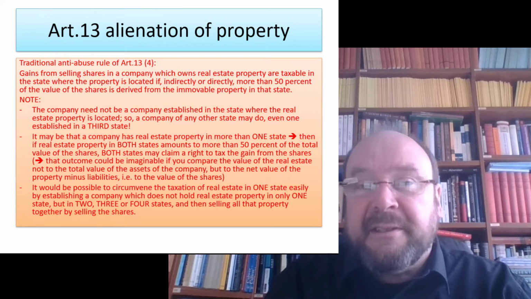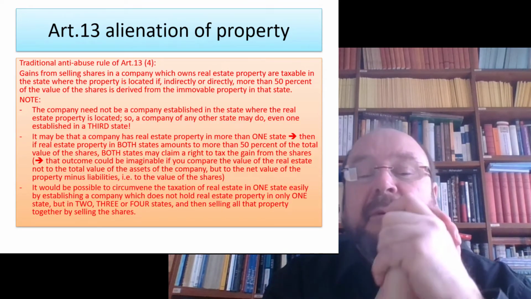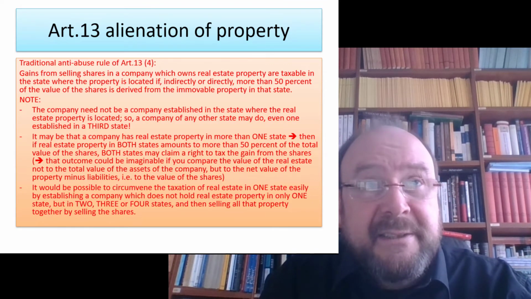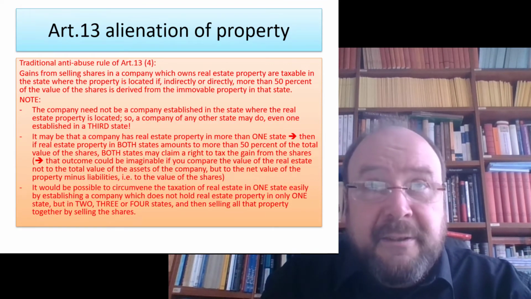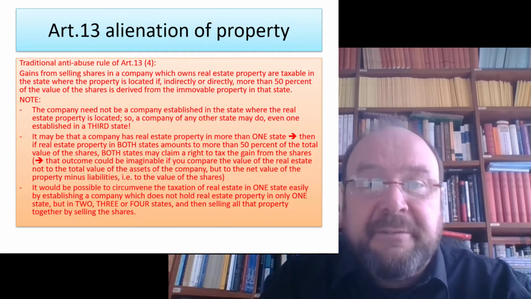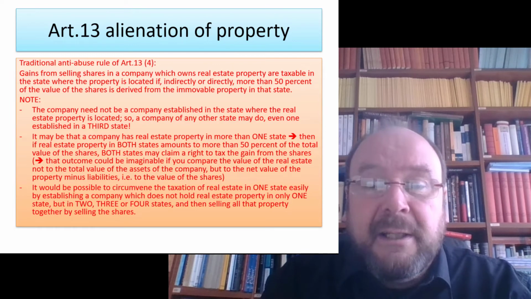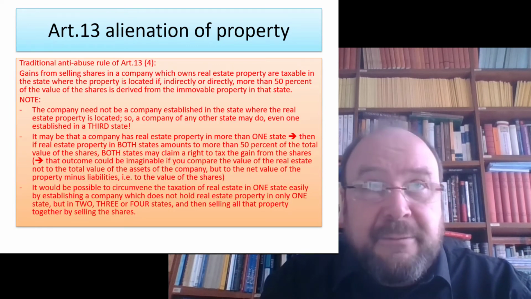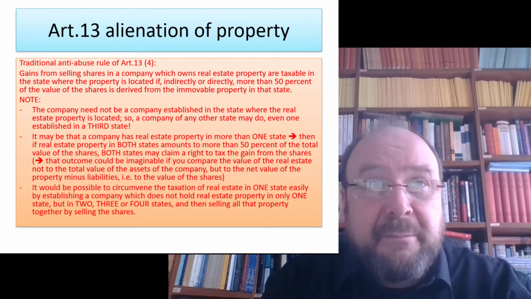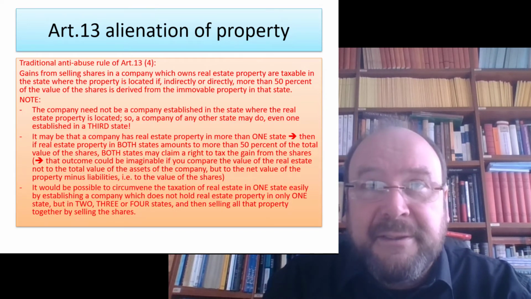It might be that a company has real estate property in more than one state. Let's say they have a house of 500,000 in state A. They have a house of 500,000 in state B, and they have a house of 500,000 in state C. And now they have debts of 1.4 million. That would lead to a net property of the company of 100,000 euro.